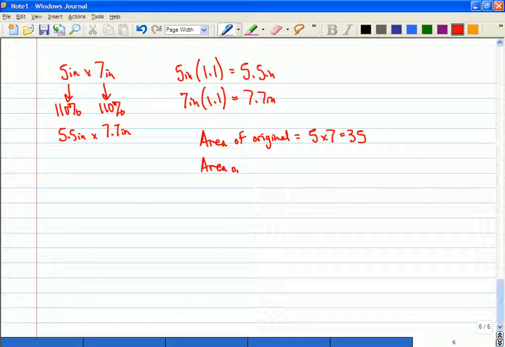The area of the copy is 5.5 times 7.7, which is 42.35. So if we were to compare how much larger they are, 42.35 compared to 35.